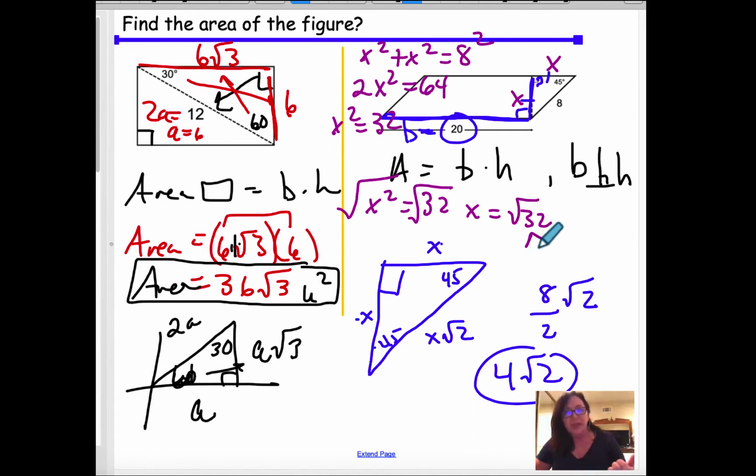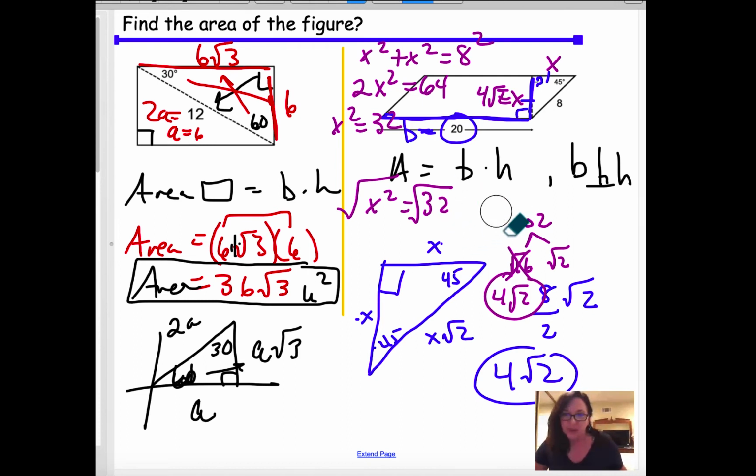But remember to think perfect squares. Root 32 breaks down to root 16 times root 2. And root 16 is 4, and then what I have left is root 2, so 4 root 2. So this length is 4 root 2, which is what I really needed for my height, 4 root 2, so that I can solve the problem.